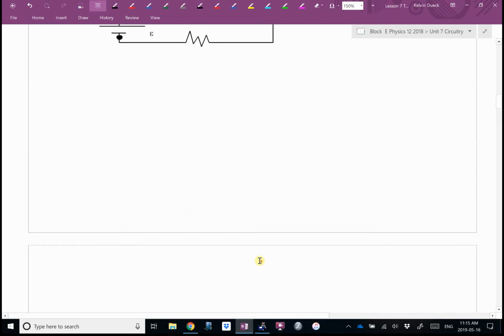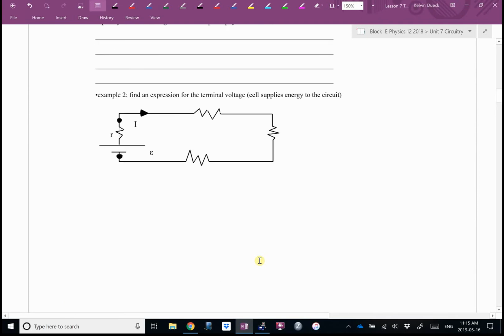So I guess if you want me to find an expression, if I go back to example 2, the terminal voltage is what's printed on the battery minus what you lose going through the battery. But I'm almost reluctant to give you this, they used to give this as a formula. I'd rather just have you ski and have it be intuitive, rather than having yet another unnecessary equation.